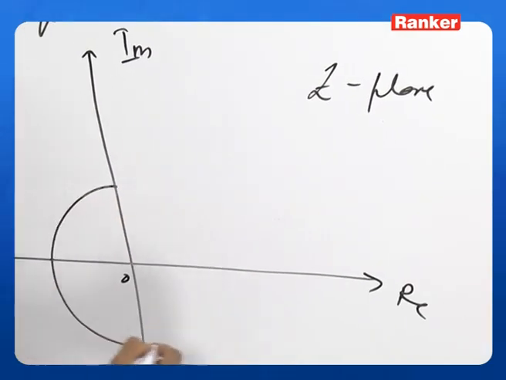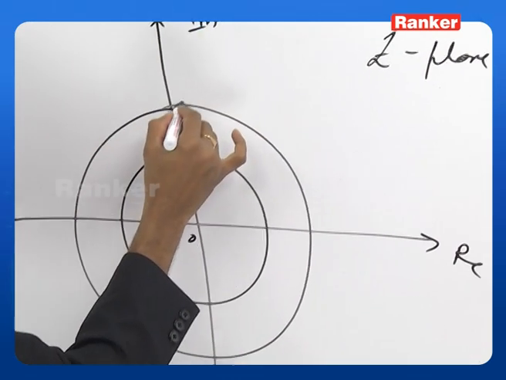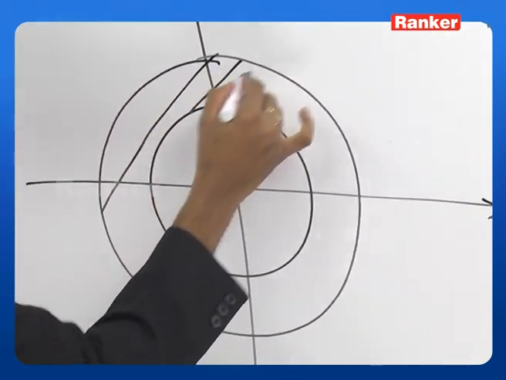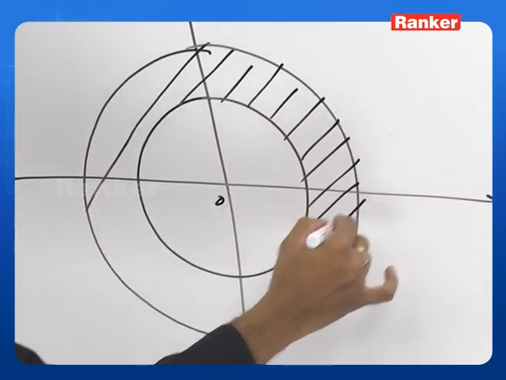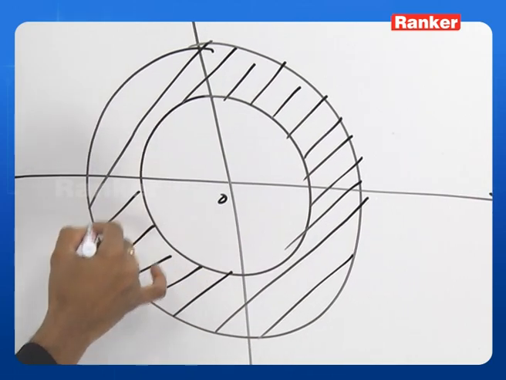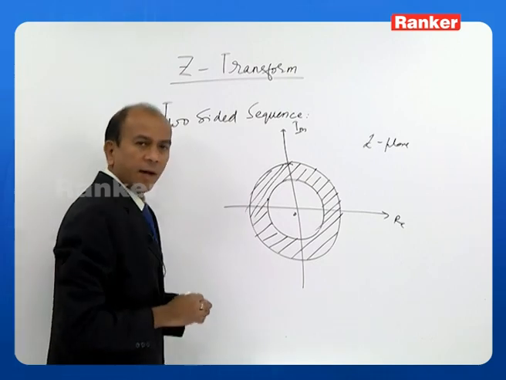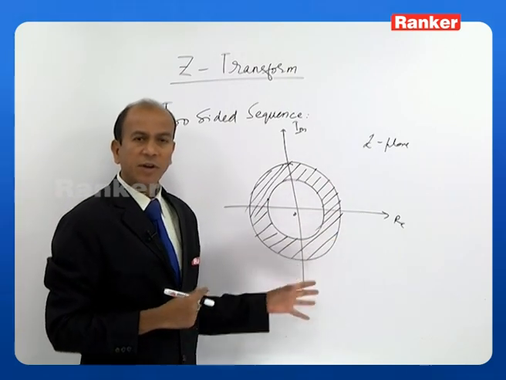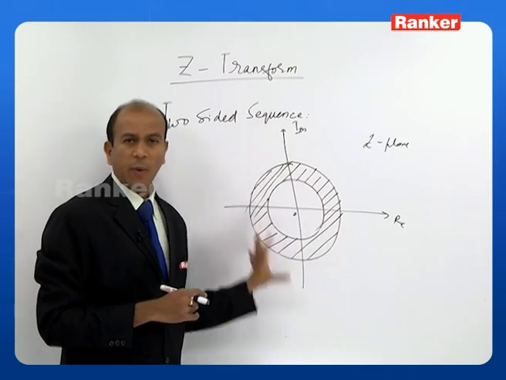Then the ROC will be like this. So, this is the region of convergence in the case of a two sided sequence.